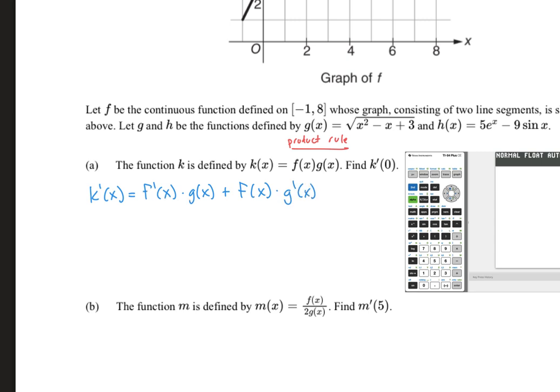Okay, so that's k prime of x, but they want k prime of 0, so we'll just replace all these x's with zeros. This will be k prime of 0 equals f prime of 0, f of 0.